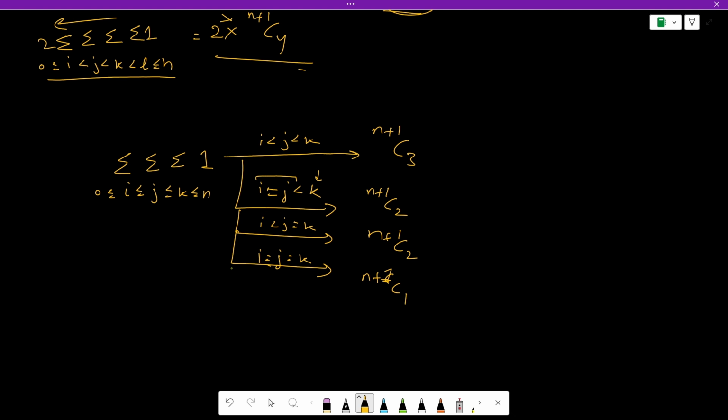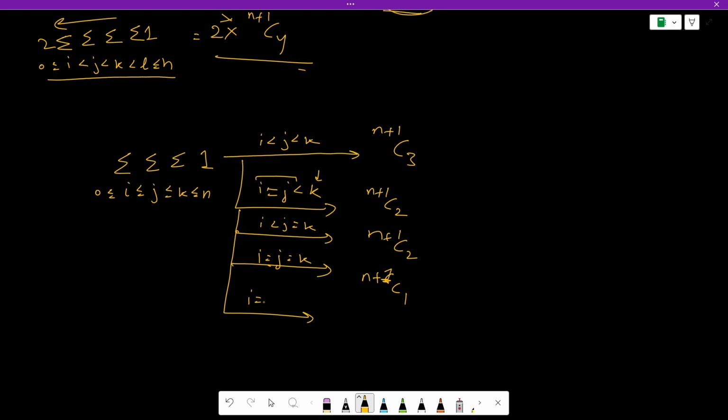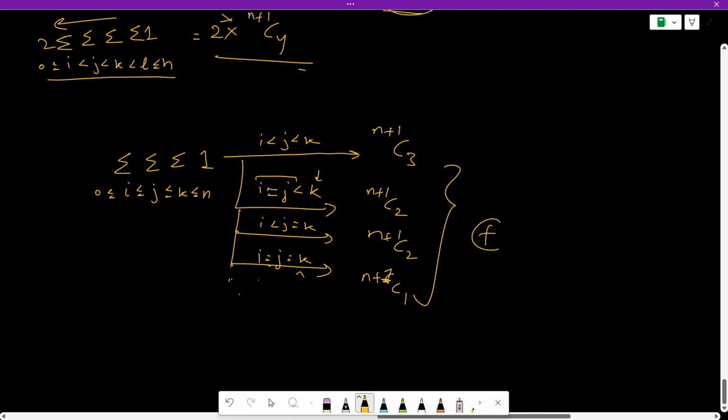One case we might have missed, that is i equal to k with j different, but that case is not possible, as this is only possible if j is in between k and i, which is only possible if all are equal. So we have handled that case, and we can ignore it. So the final answer is the sum of all these.